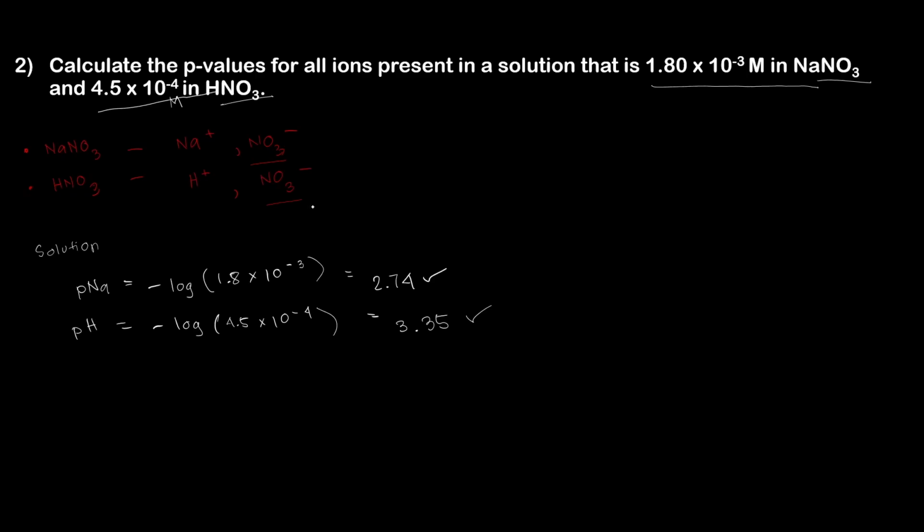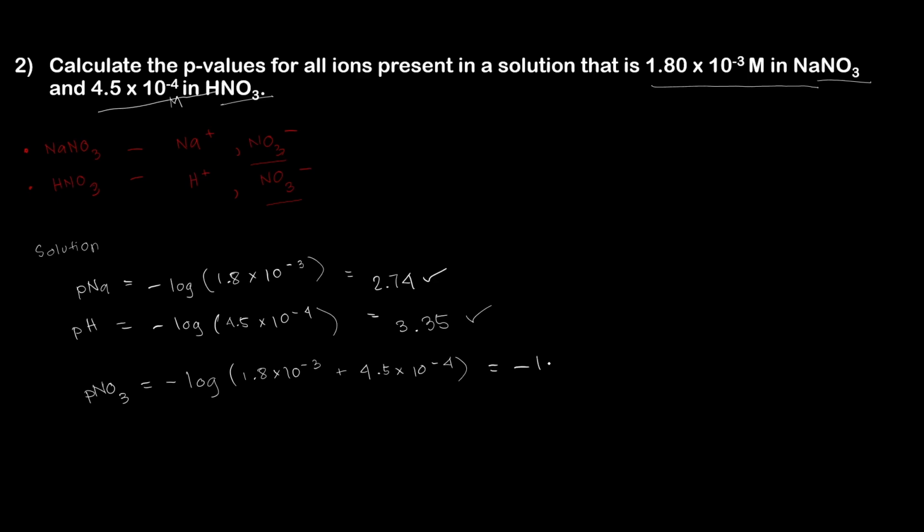Okay, so we have the pNa and pH. Now let's solve for the pNO3. Okay, so the NO3 exists from both HNO3 and NaNO₃. So let's add it up. 1.8 times 10 to the negative 3 plus 4.5 times 10 to the negative 4.